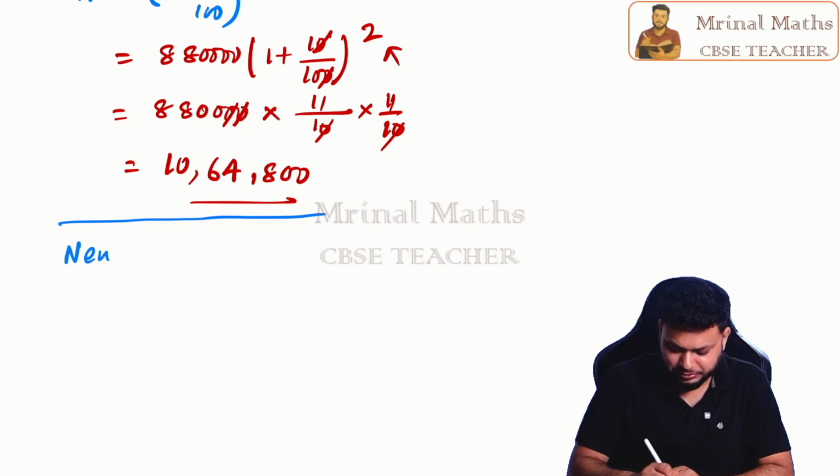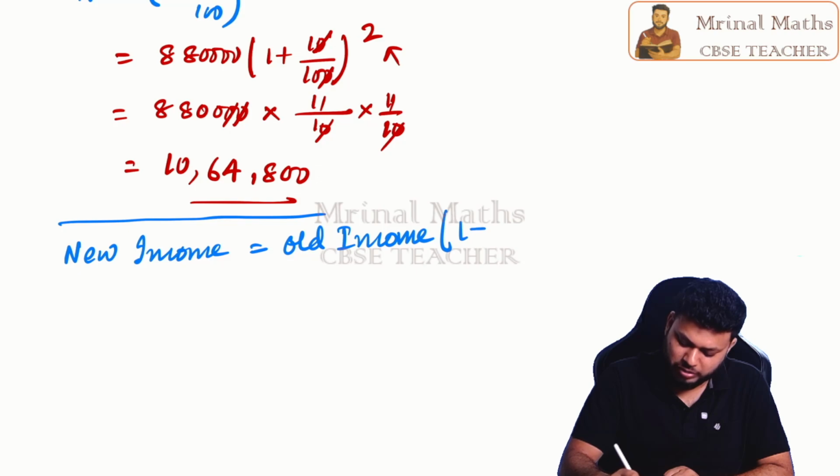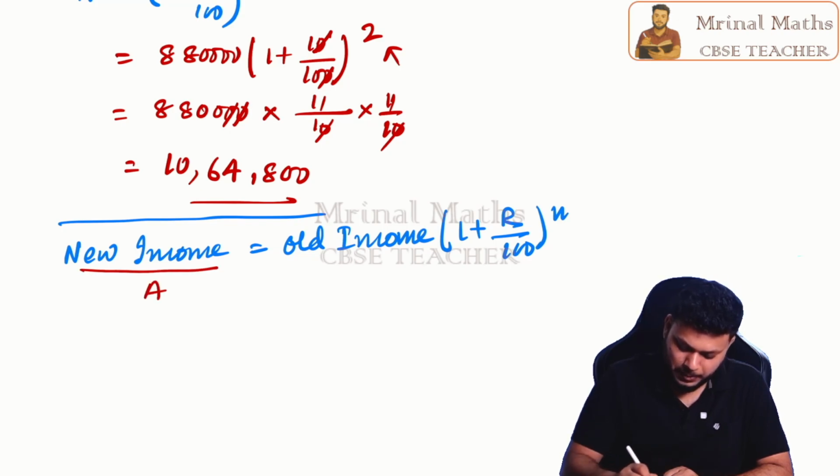New income is equal to old income into 1 plus r by 100 to the power n. So actually, this was your A and this old income was your P.